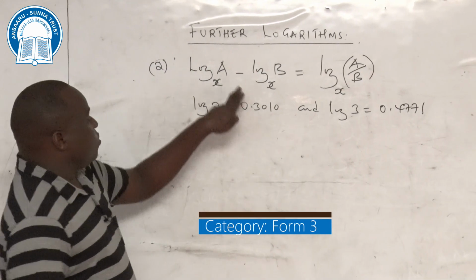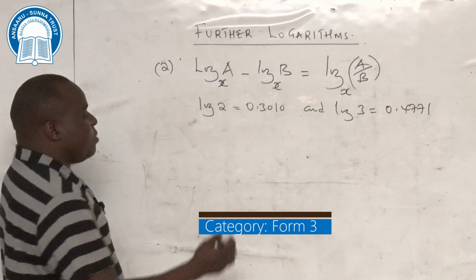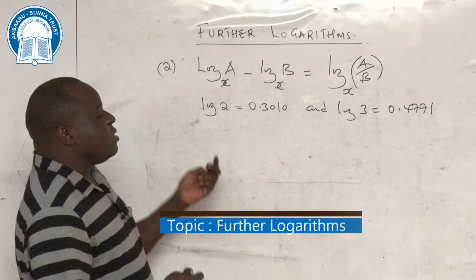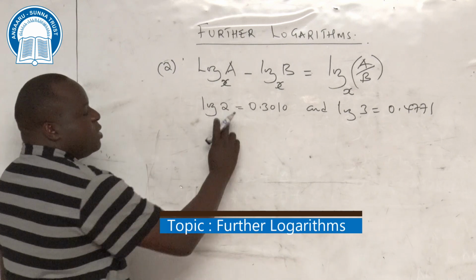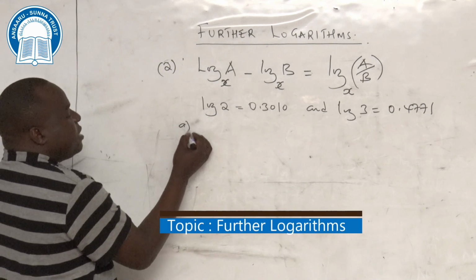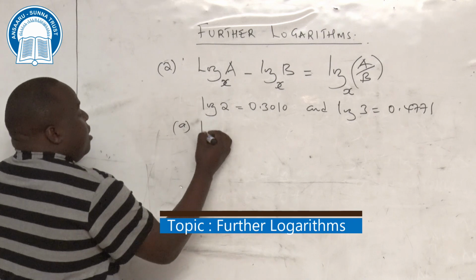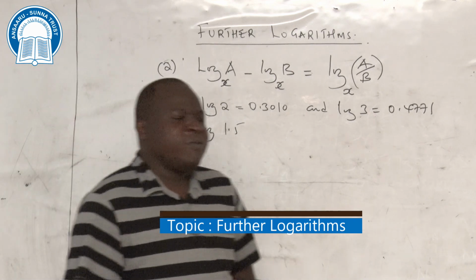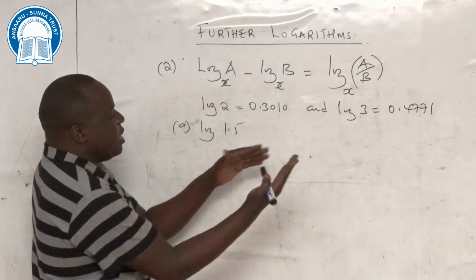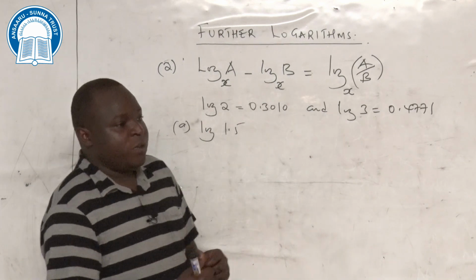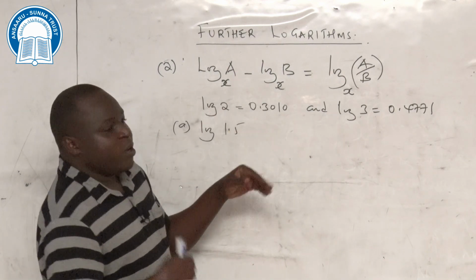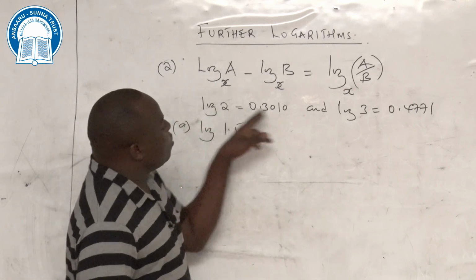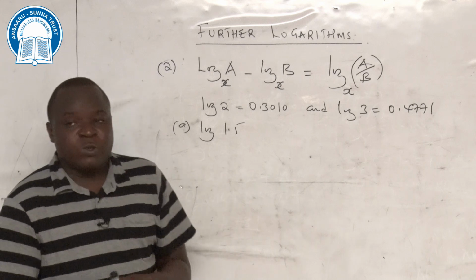What kind of questions will relate to this law? So they'll ask you something like, without using a calculator or tables, find the value of, first question, say log 1.5. Think of 1.5 in relation to 3 and 2. How can you do an operation to do with 2 and 3 to give you an answer which is 1.5?